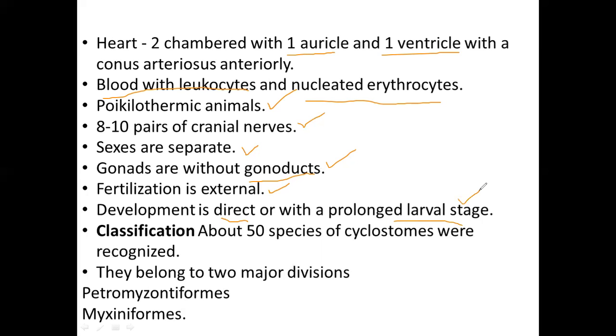Coming to the classification of cyclostomes, about 50 species have been identified, divided into two major divisions: petromyzontiforms and myxiniforms.